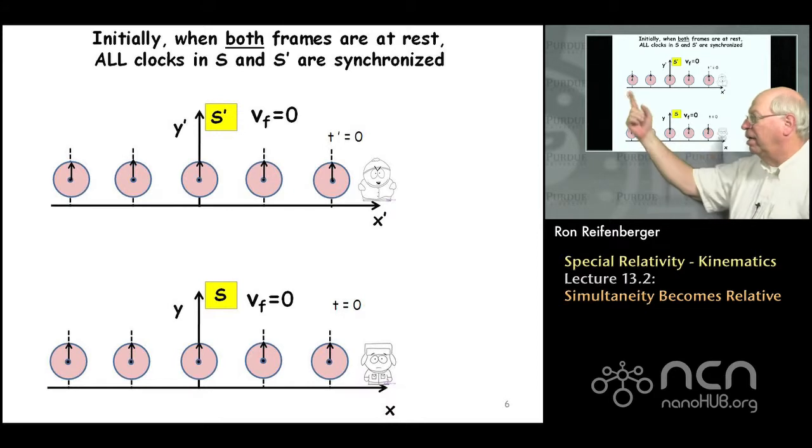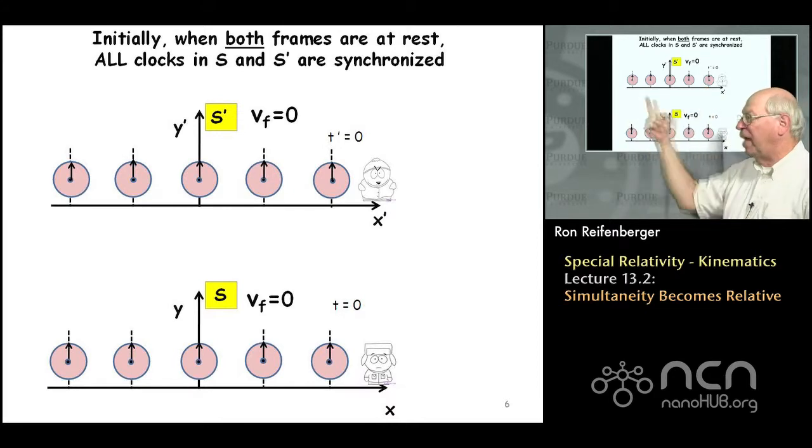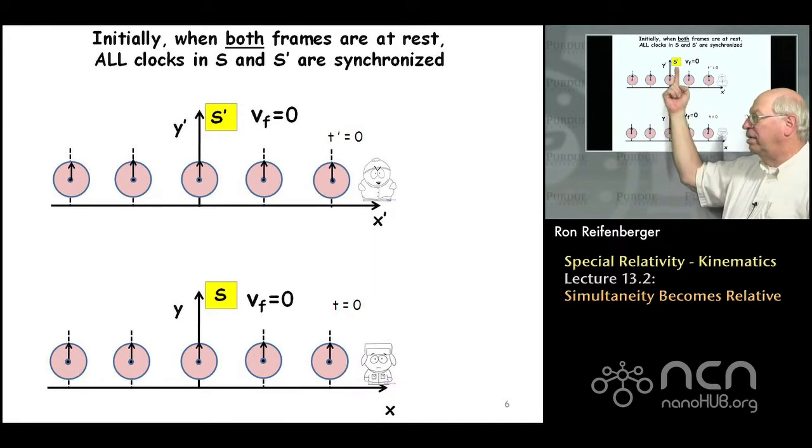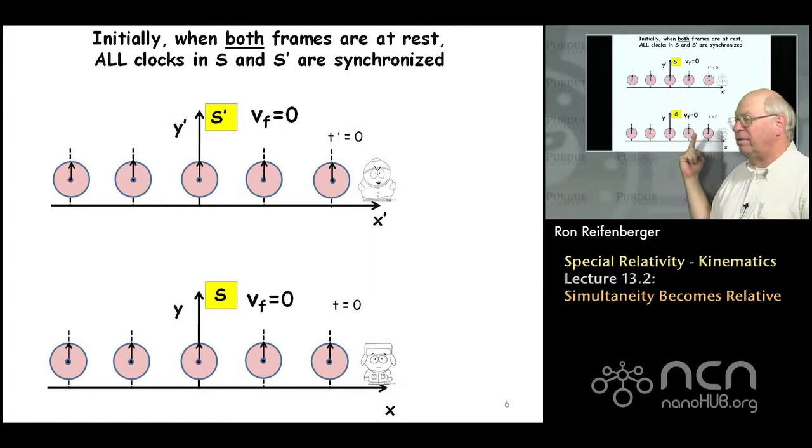Say we have a sequence of light clocks located in a relativistic laboratory in the frame S prime, and another set of clocks located periodically along a reference frame in a relativistic lab in the frame S. If the relative velocity between these two frames is 0, then it is possible to synchronize all these clocks one with respect to another.